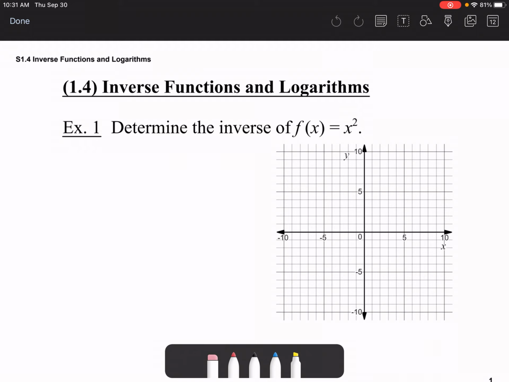So first off, we're going to determine the inverse of f of x equals x squared. We're going to do it both algebraically and graphically. So first off, let's draw y equals x squared.